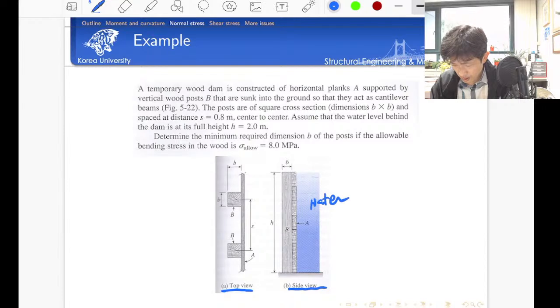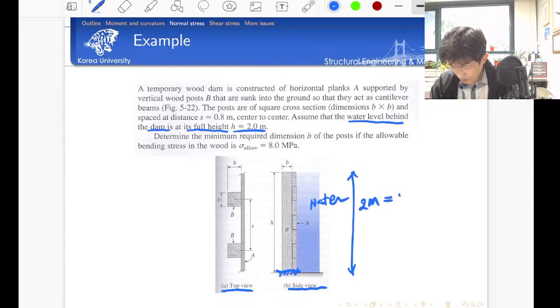The water is filled, and the part is modeled as a cantilever beam. It is supported here, and the water level behind the dam is the full height. H is 2 meters.